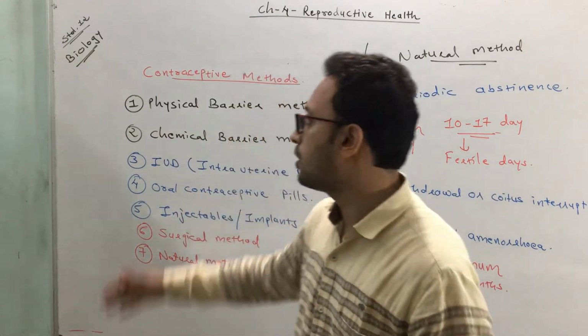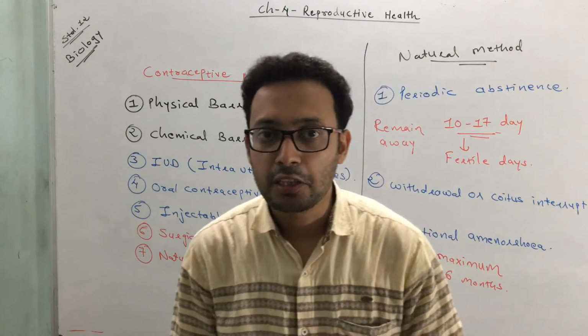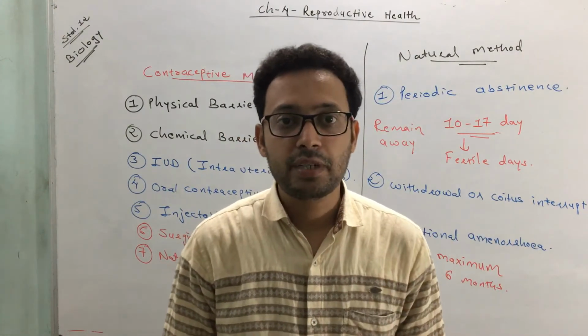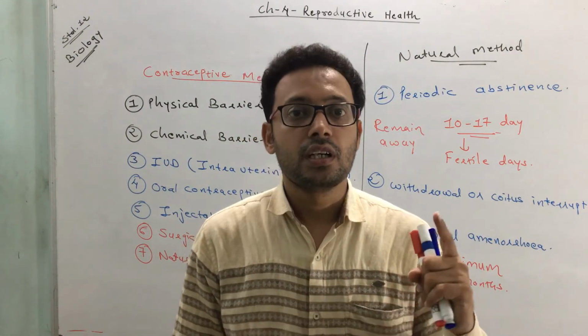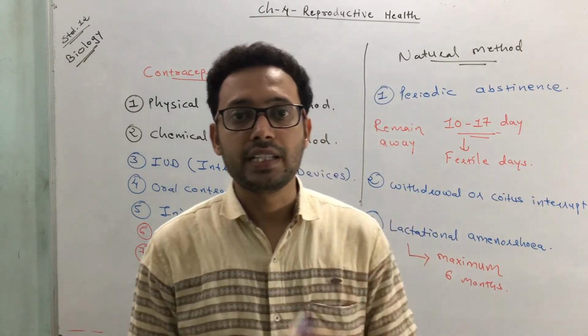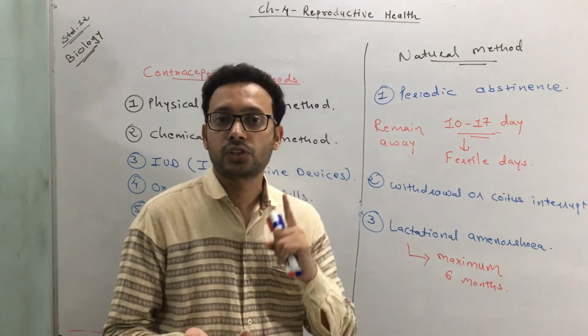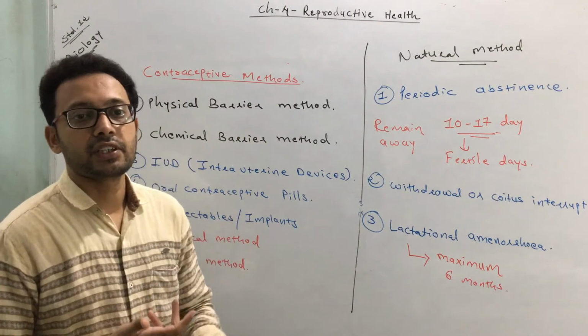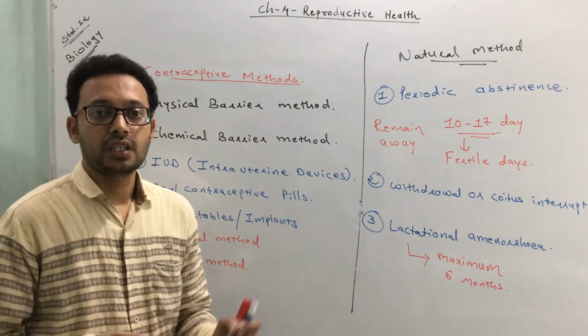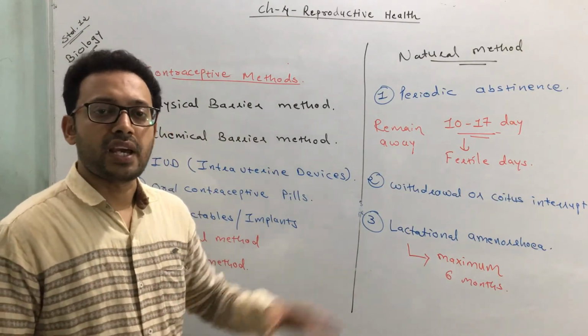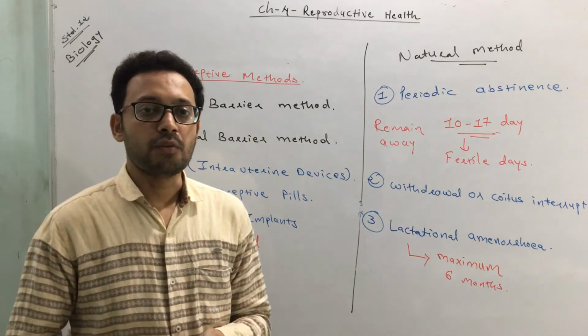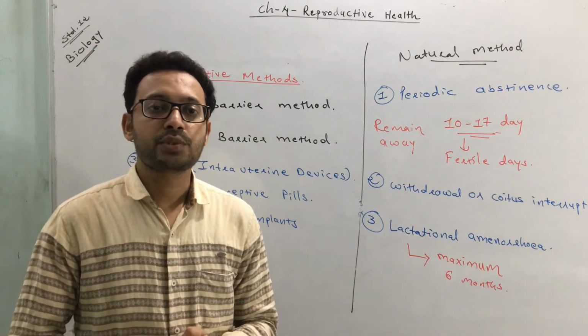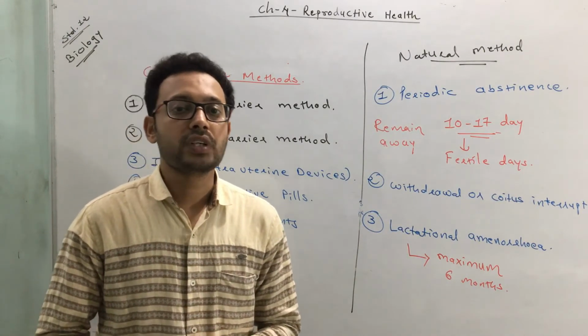So we have discussed all contraceptive methods: physical barrier methods, chemical barrier methods, IUDs, oral contraceptive pills, injectables and implants. We also discussed the surgical method, and then we have also discussed the natural methods. Remember students, these are very important methods. From these methods, most of the times any one or two methods are asked.